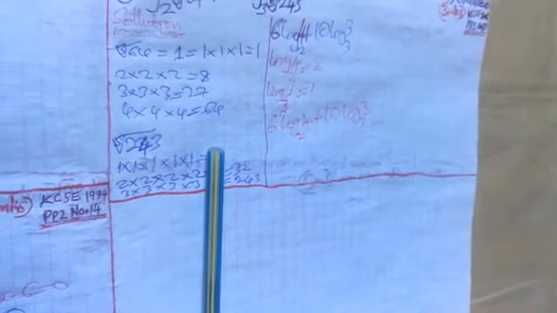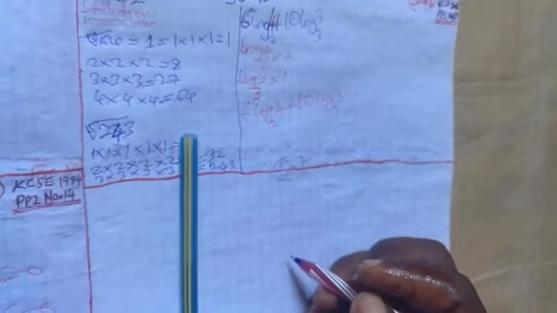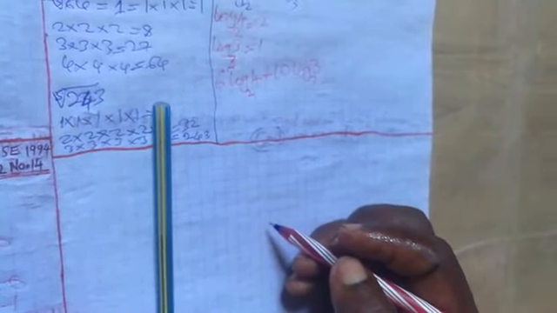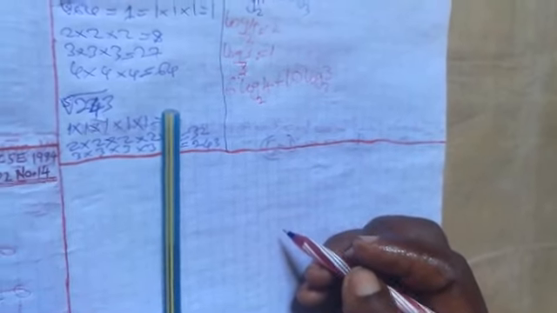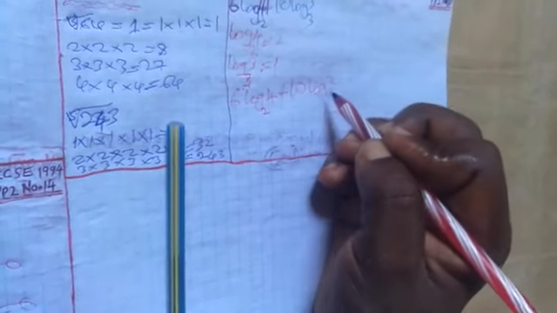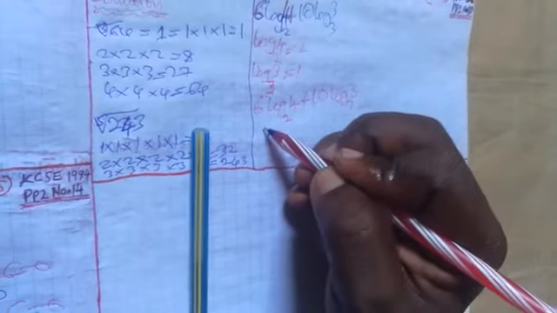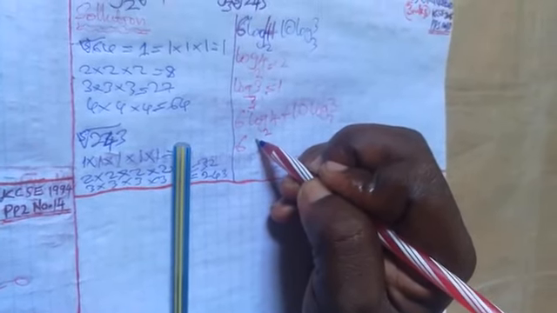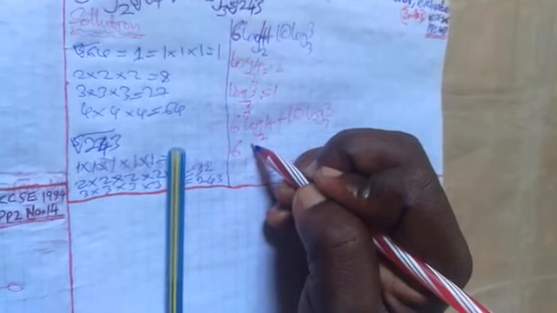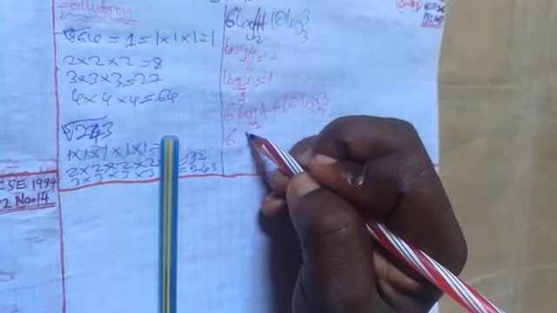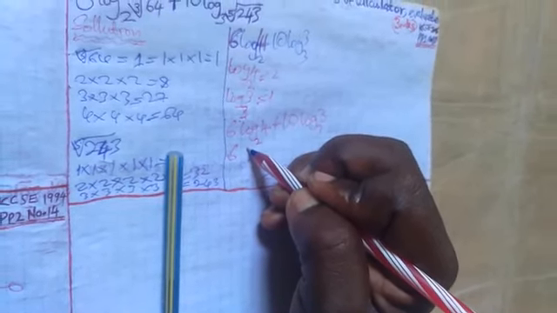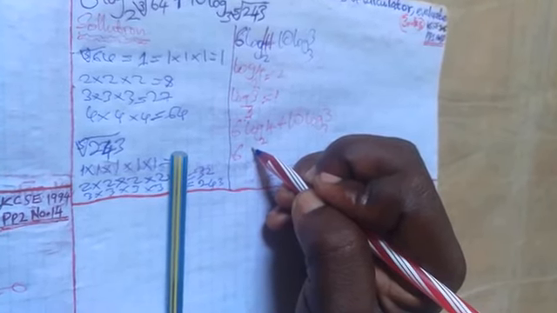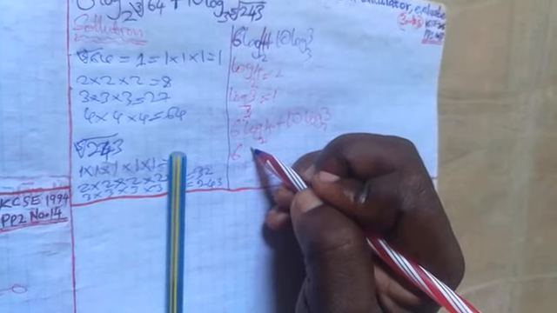By dropping the logs and following the laws of logarithm, this will be 6.